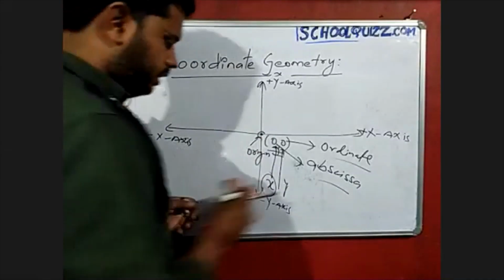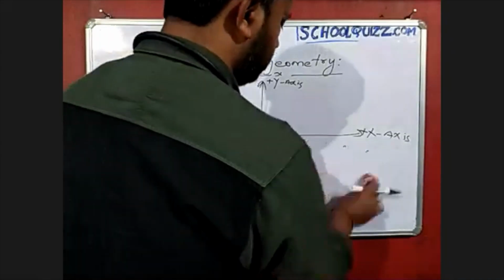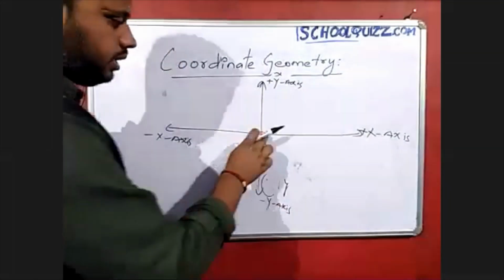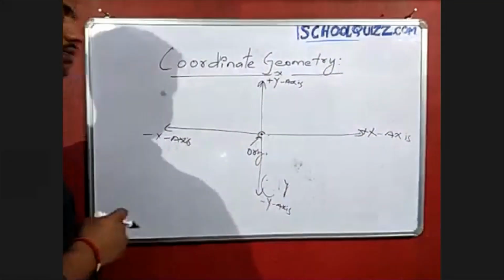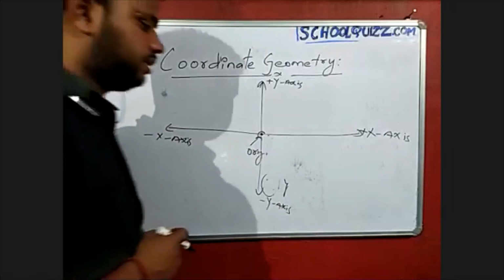Now, some points we need to keep in mind. Suppose a person is standing at the origin, where the two lines intersect, and moves along the x-axis. Whatever points he gets will be only x-axis points.